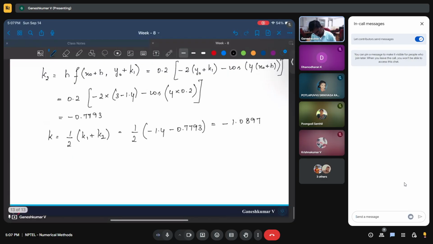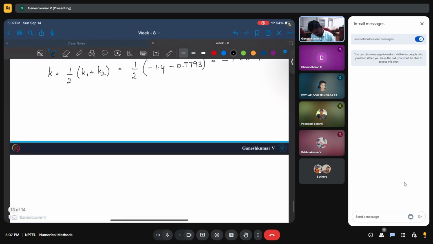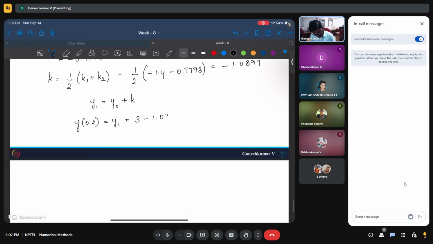So your y1 is equal to y naught plus K, where y1 is nothing but y of 0.2. Y naught is 3 minus 1.0897, which is around 1.9103.